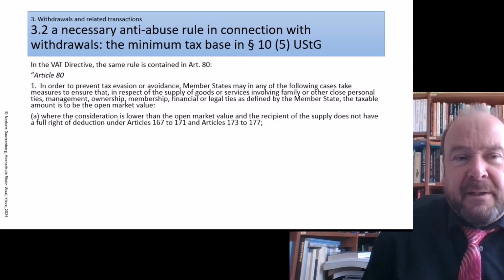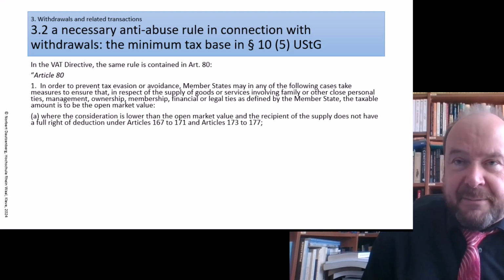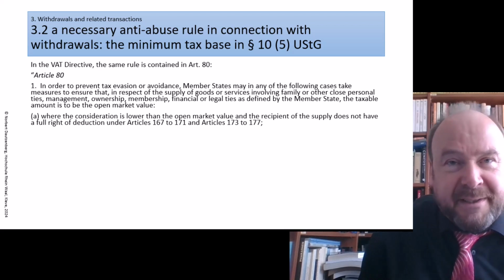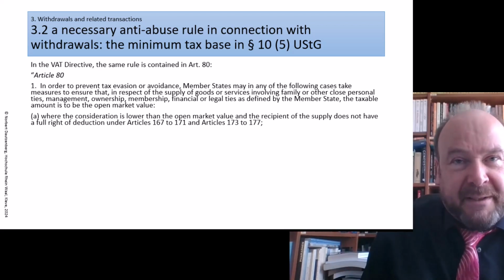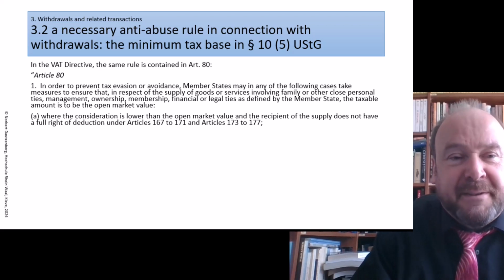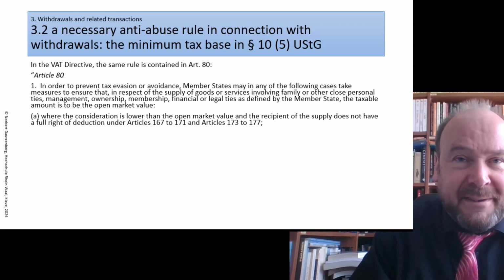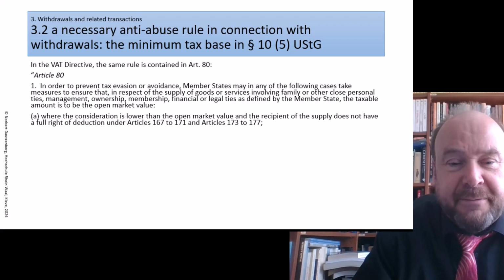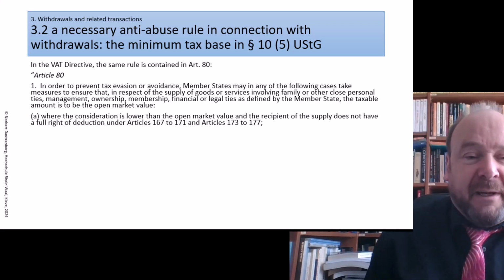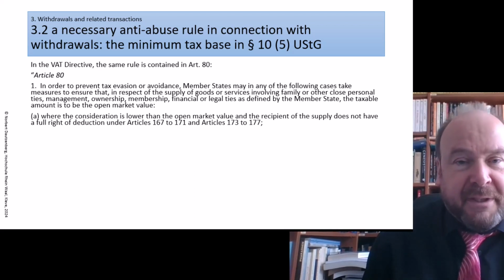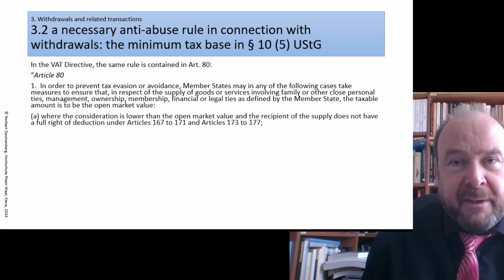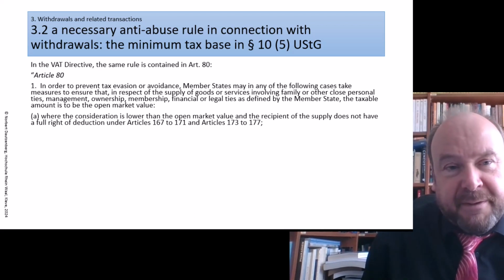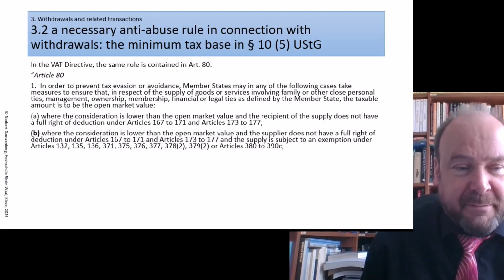So naturally, a minimum tax base would not matter if you sell something to a family member below price and the buyer is also somebody who buys for his enterprise and has full input tax deduction, because then if you sell for too low a price to the other entrepreneur, no damage is done because the whole tax revenue would only be temporary. You pay and the other gets a full refund, so you don't need to care about the exact amount.